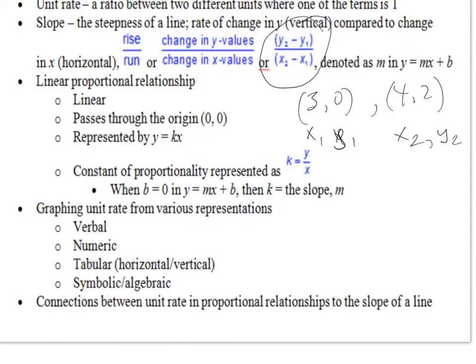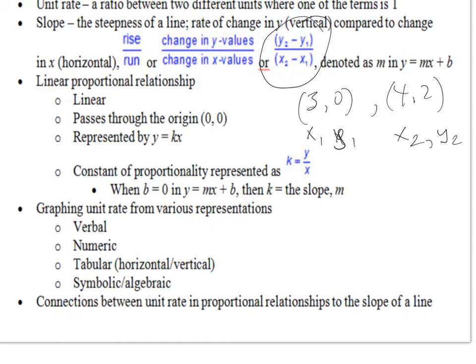We also notice that when we say unit rate and slope, we're talking about, in this particular instance, a linear proportional relationship. And when we say linear, we're talking about a line. So we're looking at a graph that's going to give us a straight line, whether that line is rising up and to the right, or falling down and to the right, or the line could be constant, which will give us a horizontal line, or y is equal to some value.